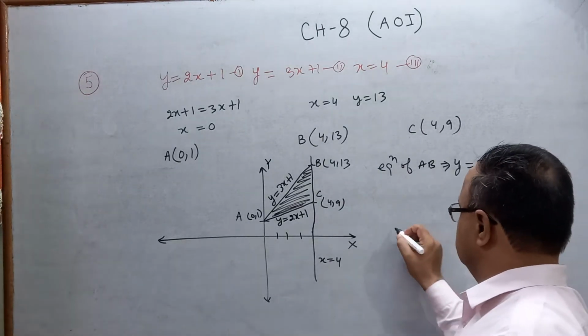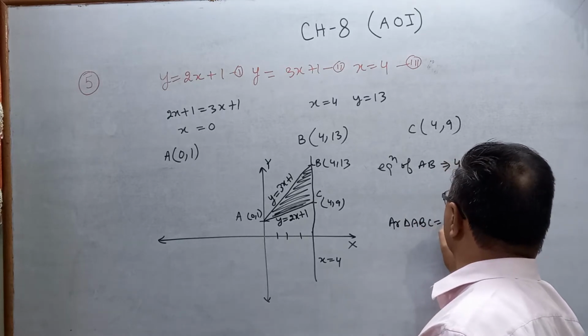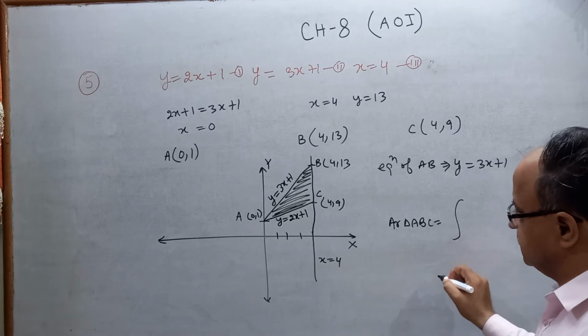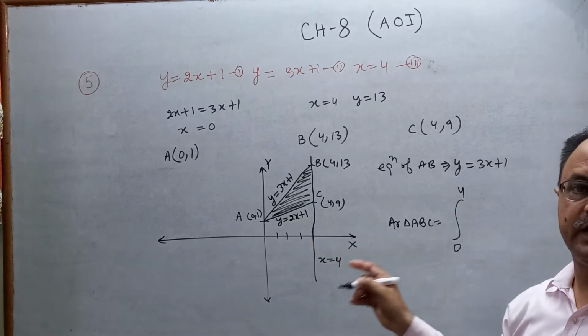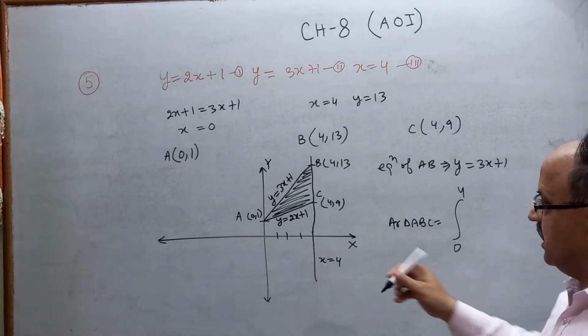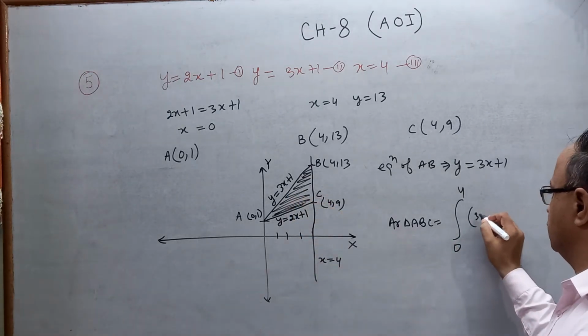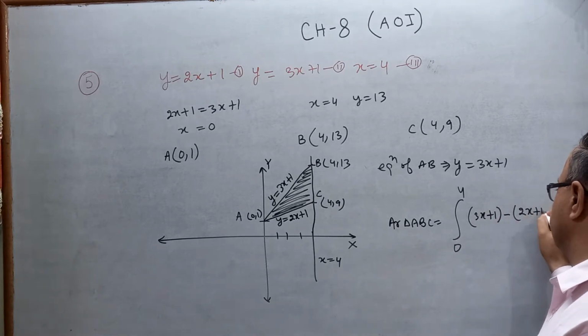Now area of triangle ABC is integration, limit 0 to 4, left to right, upper minus lower. Upper is 3x plus 1, and lower is 2x plus 1, dx.